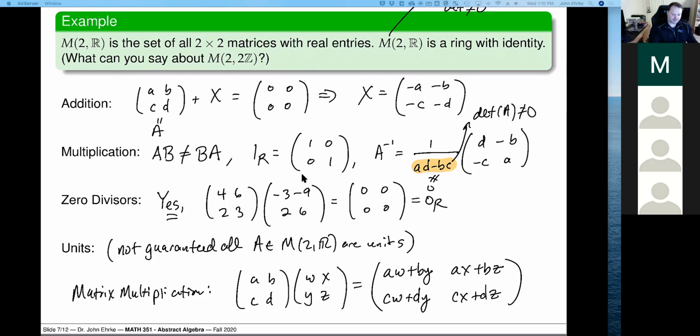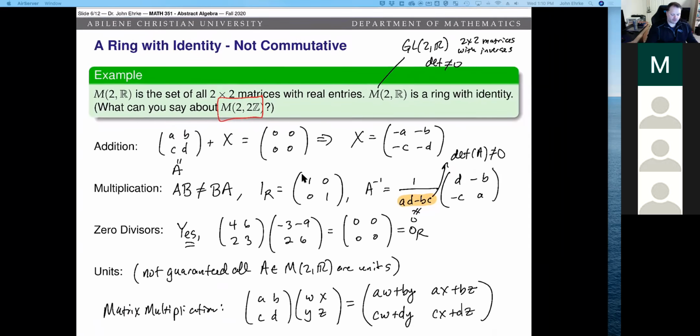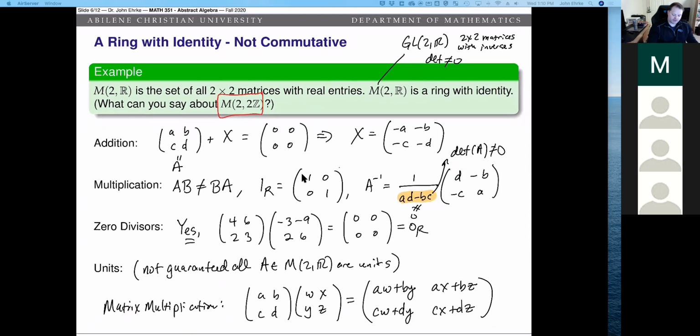So the main thing that happens is it goes from being a ring with identity that's not commutative to being just a plain old ring. 1R doesn't exist. There's not an identity for that ring. So M2R is a ring with identity that's not commutative, but M2, where the entries are even integers, is just a ring. It doesn't have an identity and it's not commutative. So it's just a plain old ring, just like the even integers were.